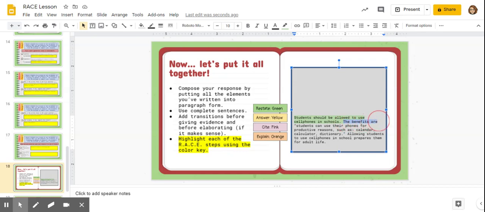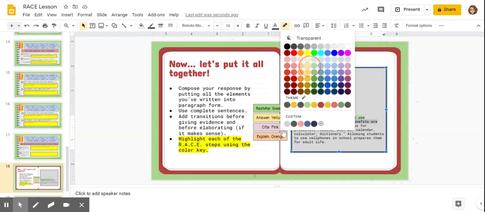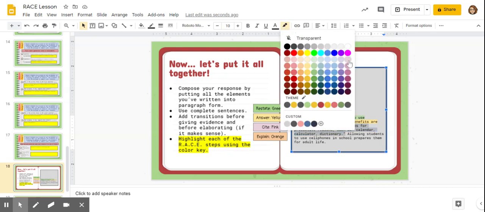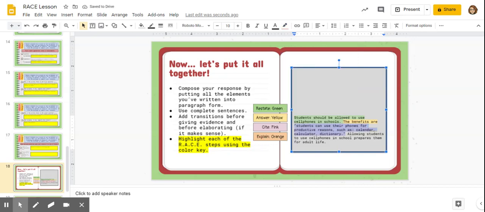The benefits are, here's some cited evidence, right? Here's our quotation marks. So that's going to be pink. We're citing. I think, let's go with this one. That looks pretty. And then explain is going to be this part, the last part, all in orange.